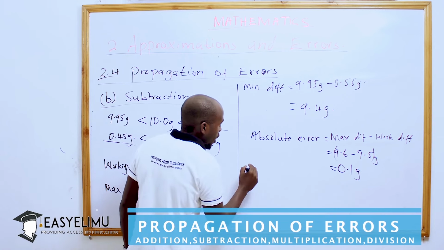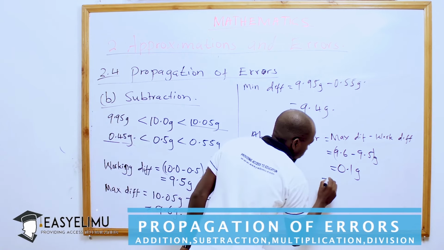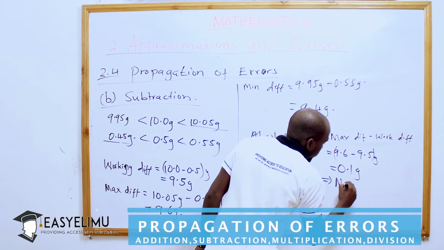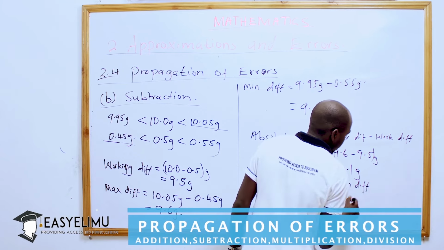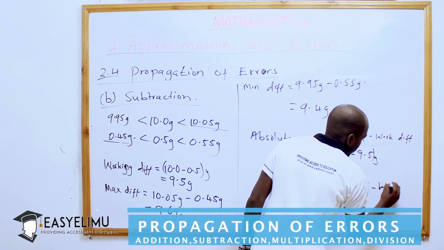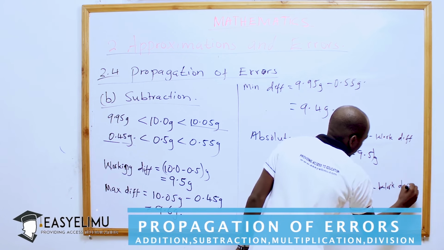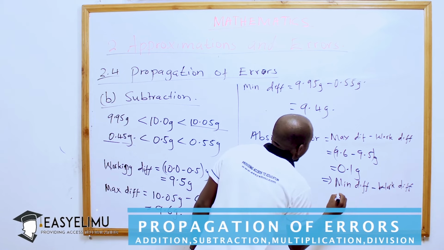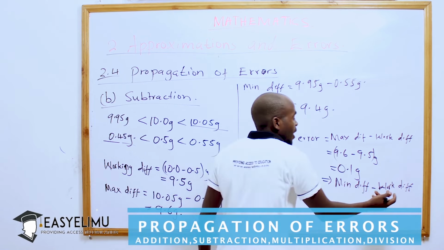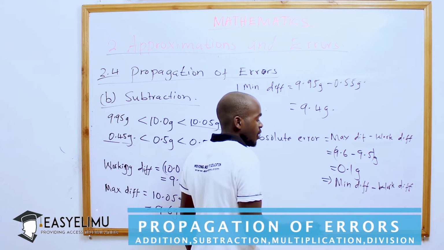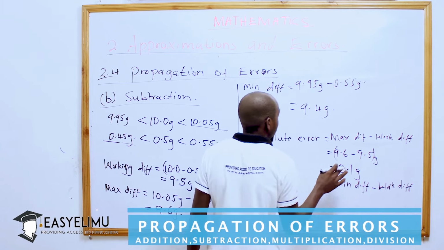And at the same time, you can find it by taking absolute value as minimum difference minus working difference, and you will find it is minimum difference here. Actually, you will take it the other way. It's working difference minus minimum difference, or find the absoluteness of the value.